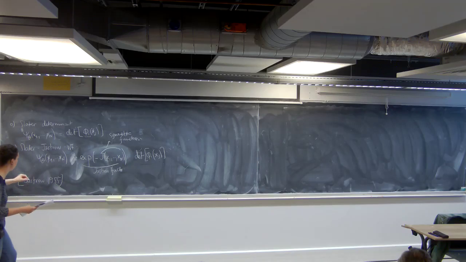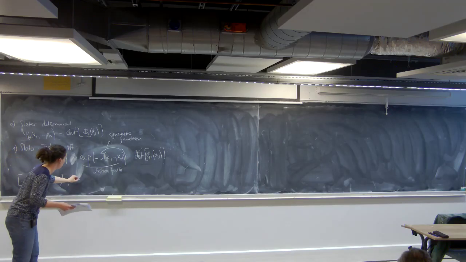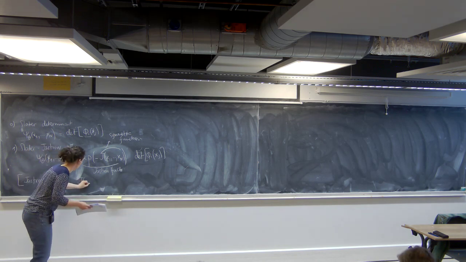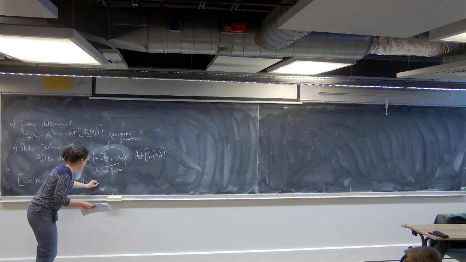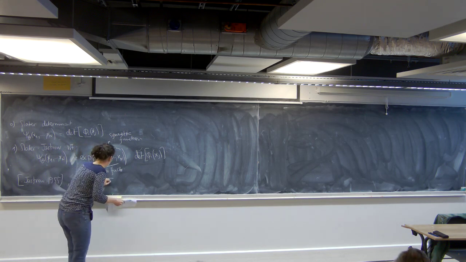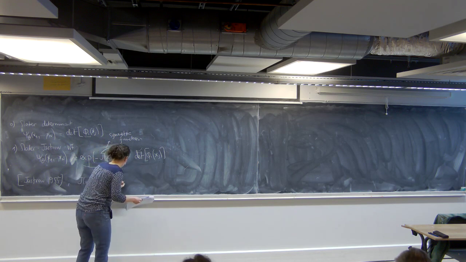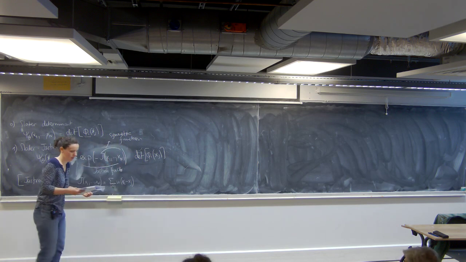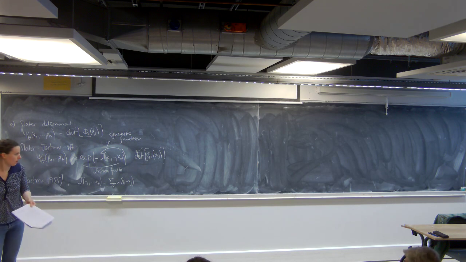A first Jastrow factor that you can use is J(x_1, ..., x_n), which looks at pairwise interactions, some function u of x_i minus x_j. That would be a possibility.